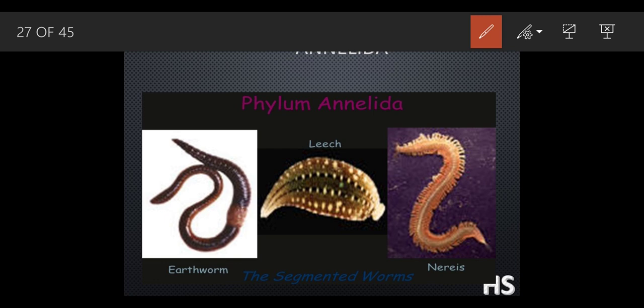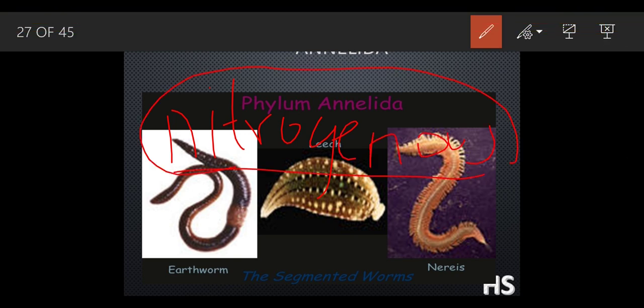And when the earthworm excretes, the waste that gets removed from the body of the earthworm is nitrogenous in nature. What does that mean? Nitrogenous in nature. See, if you want to grow crops, the soil should have an ample amount of nitrogen.